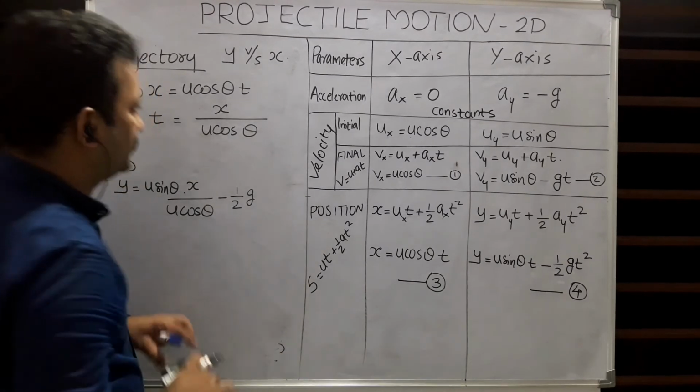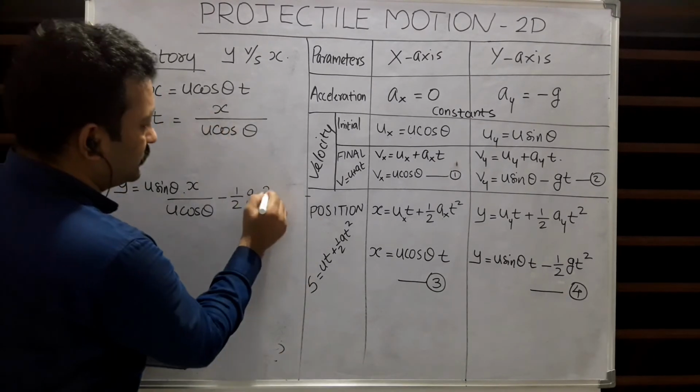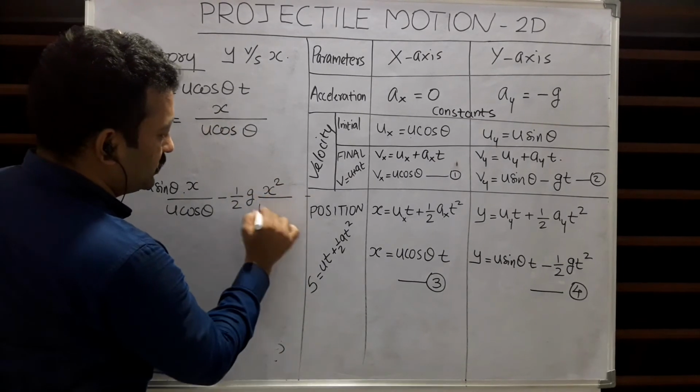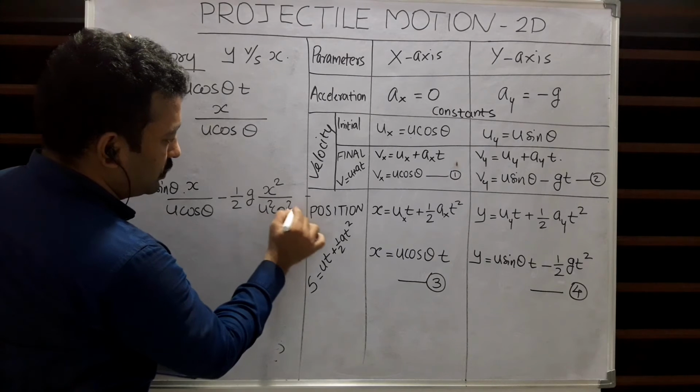What is t square? t square is x square divided by u square cos square theta.